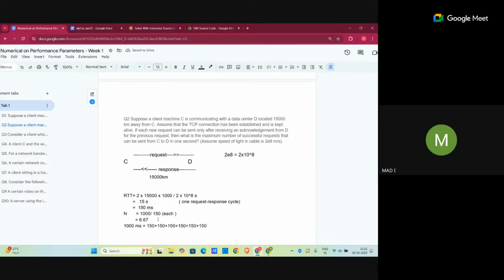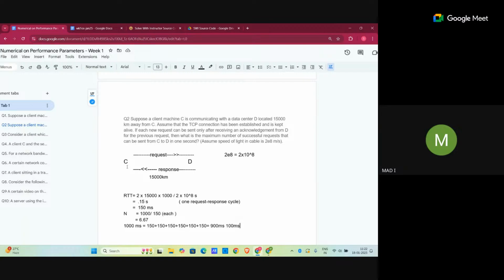Now, if we calculate this total time, it will become 900 milliseconds. Now we are only left with 100 milliseconds. Till the sixth request, we are able to make 6 successful requests. So it took 900 milliseconds.